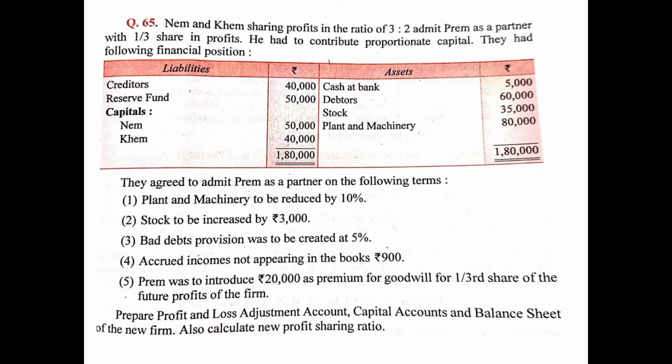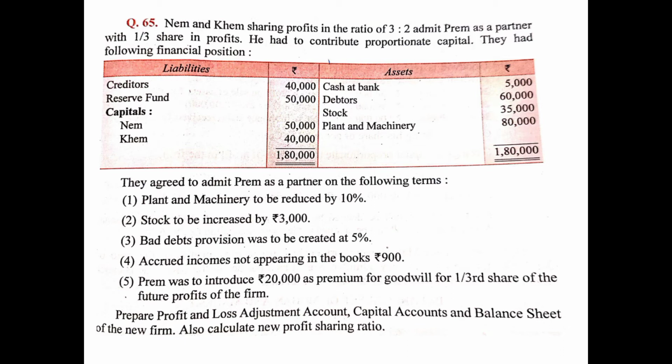And if we have to pass the journal entry, then the journal entry will be revaluation account debited to plant and machinery account, 8,000 on debit side and 8,000 on credit side. And ultimately, when we prepare the new balance sheet after admitting Prem, we will show the value of plant and machinery as 72,000, that is 80,000 minus 8,000.